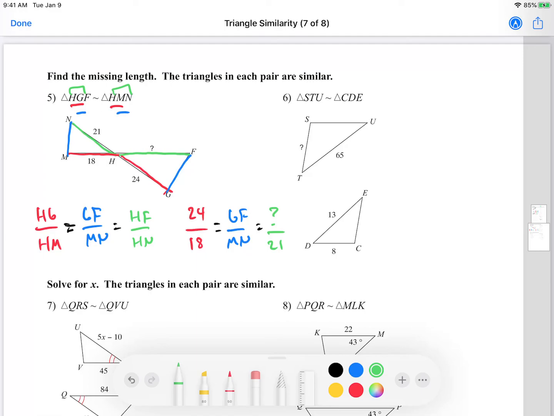So if I'm looking at these ratios, please know that this middle one I'm not even going to use. It's not going to tell me any other information. And just because I don't have that middle one does not mean that I can't set this up. 24 over 18 is equal to question mark over 21.